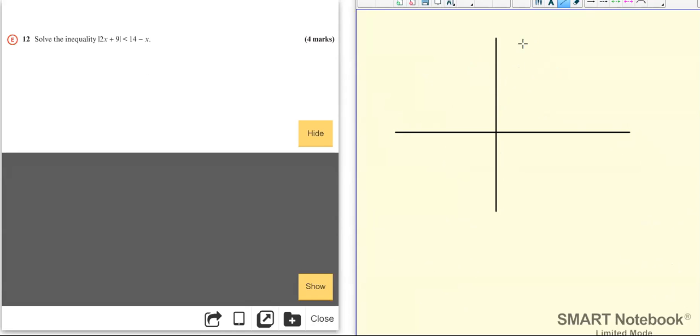In fact, I'm going to start again. I'm just going to make sure I compare 2x with 1x, because the gradient here, essentially, I just look at the size of the number to figure out which one is going to be steeper. Very important. 2 is going to be steeper than 1. I just look at the size.